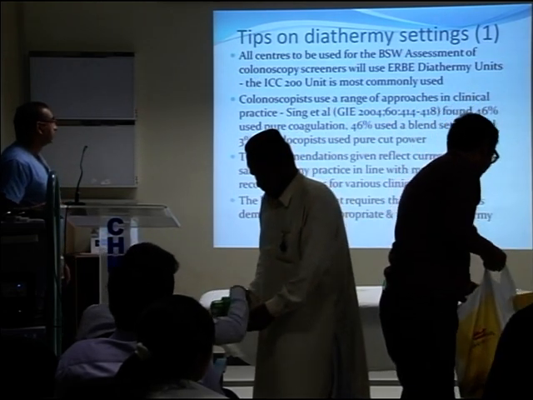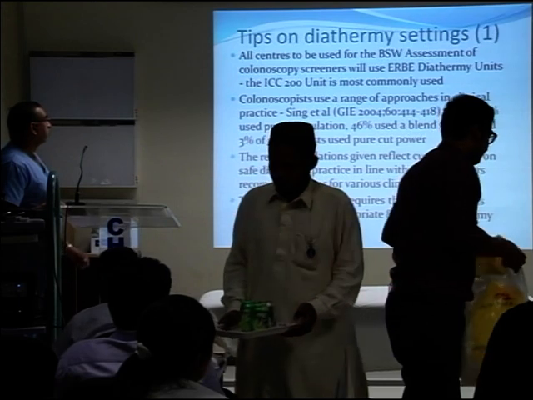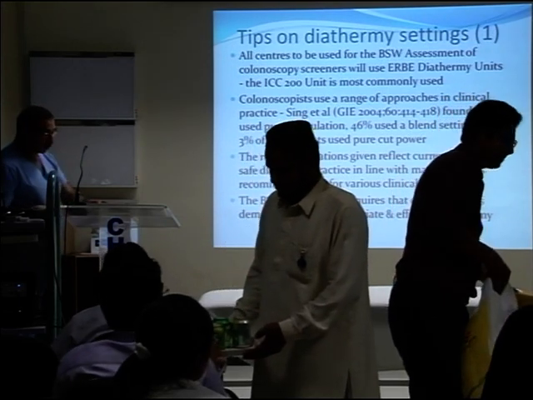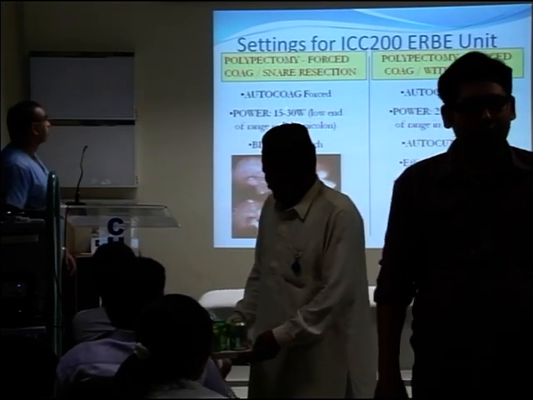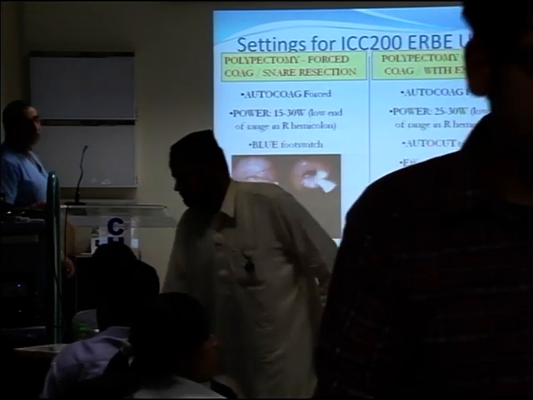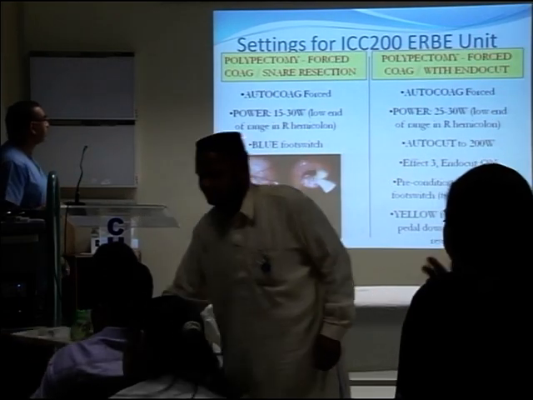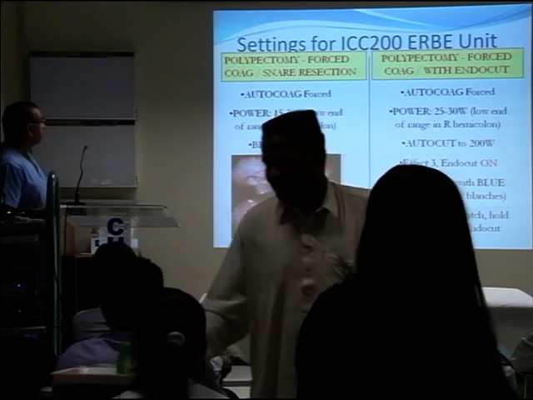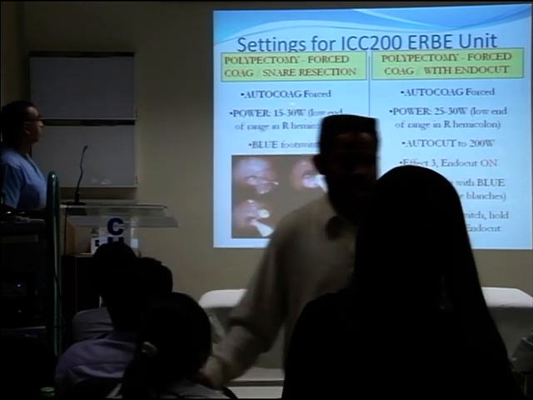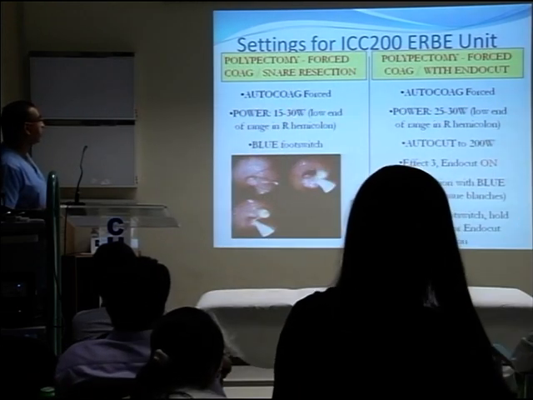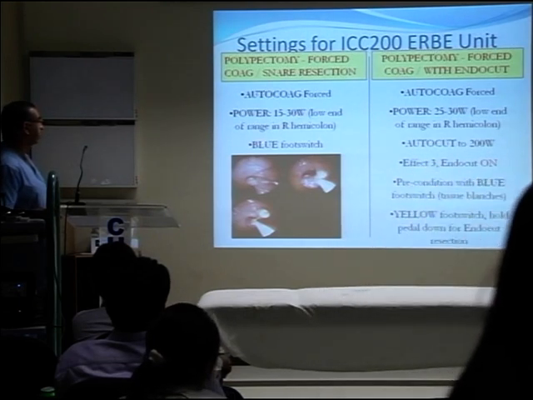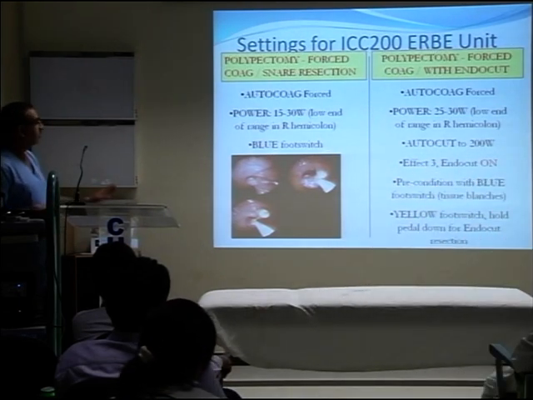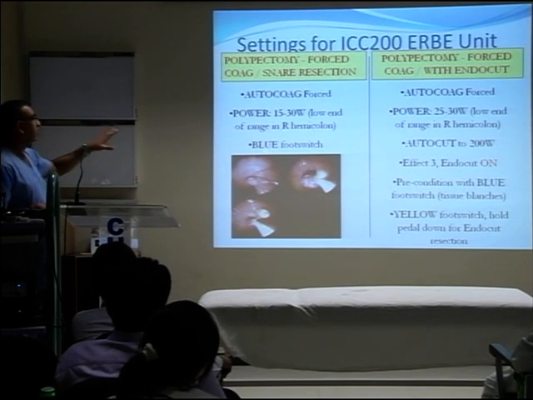And what we did was that the currents we used, this was in the old machine, for autocoagulation force, if you were using power of 15 to 30, the low end of the range in the right hemicolon, with the blue foot switch. But it's not a good idea to use a lot of coag in the right colon.